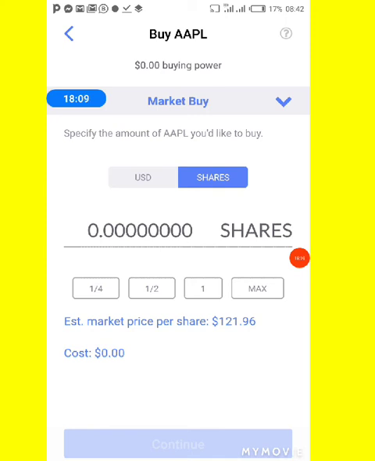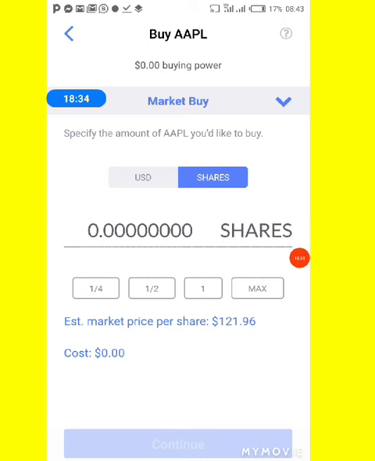Now, if you want to buy 2 shares, it means you need $121.96 times 2, just like buying 2 to 3 Bitcoin. You need $48,000 times 3. You calculate that, for you to buy 3 Bitcoin, that is about 100 and something thousand dollars.